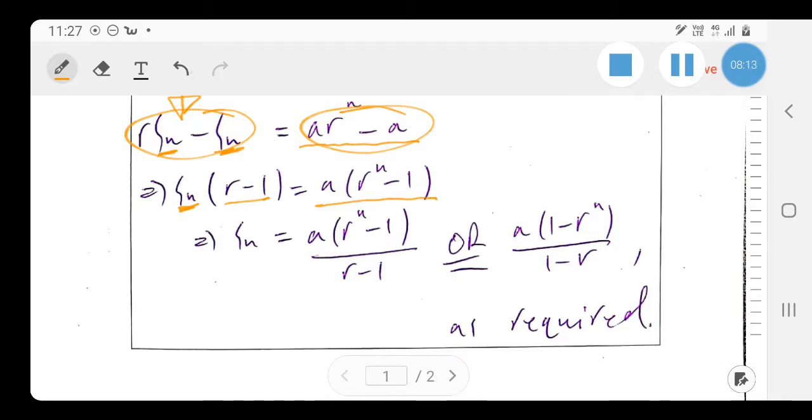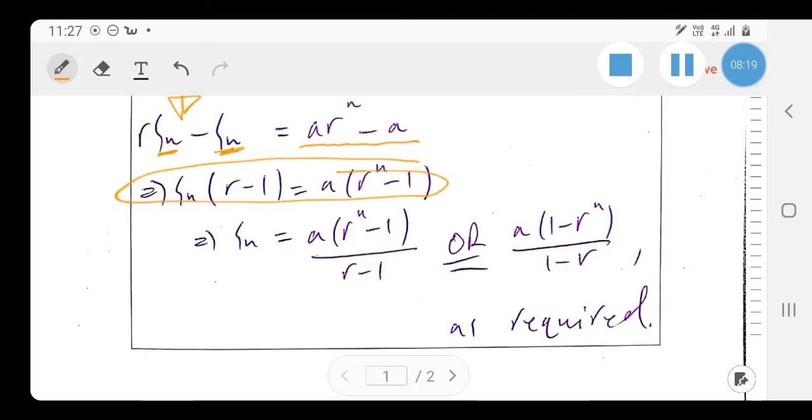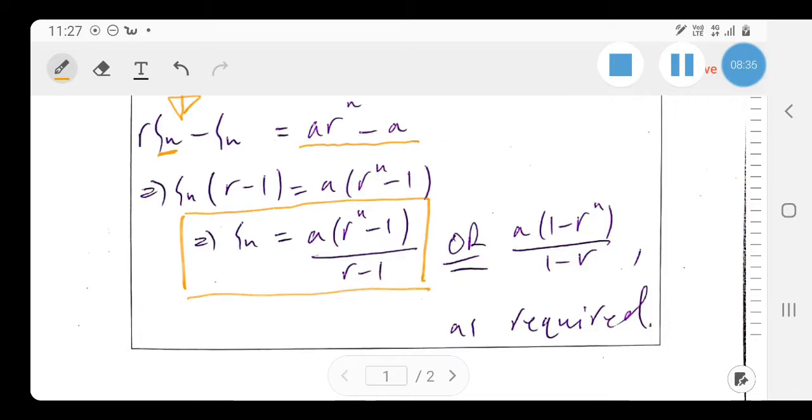All right, just delete a couple of things there. So we have our equation here, and we're almost finished. We want a formula for Sn equals. So let's divide both sides by R minus 1. So that just goes underneath, and we get Sn equals A bracket R to the n minus 1 over R minus 1.